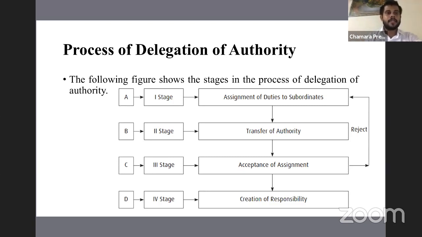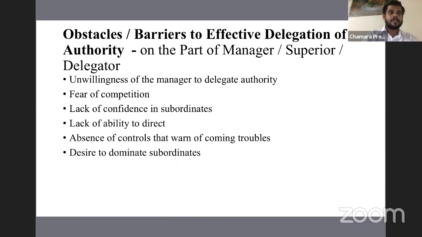Now let's take a look at the third step, when someone rejects this. We can see why these people are rejecting, right? There are various reasons. So let's take a look at the obstacles and barriers, or why we sometimes can't delegate authority, right?